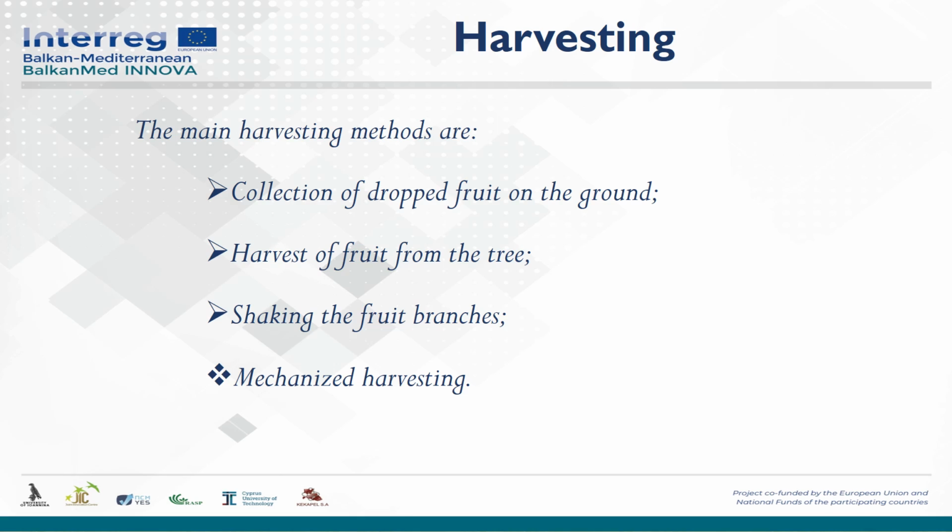But because of these shakes, sometimes the new branches of the tree, which should be fruit producers for the next year, may be damaged, and this is accompanied by a serious impact on the production of the next year.